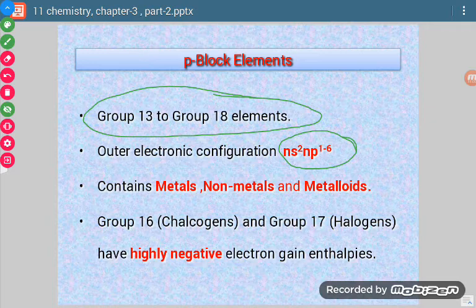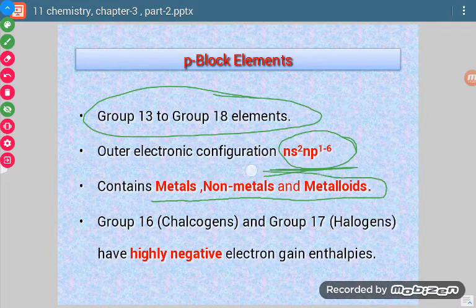If this is the case, then we will say that it belongs to p block. Now from the general electronic configuration ns2 np1 to 6, the n value is again the maximum value in the electronic configuration. Okay. Now there is presence of metals, non-metals, metalloids. All three exist here in the p block. There are group 13 to group 18.